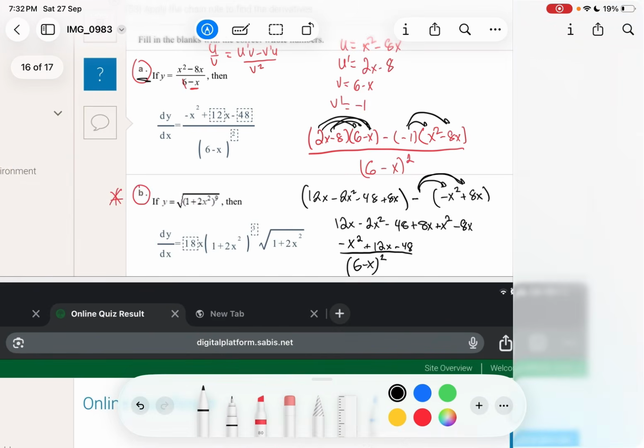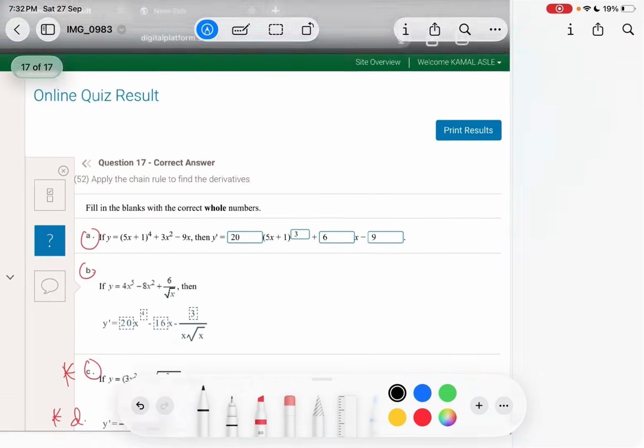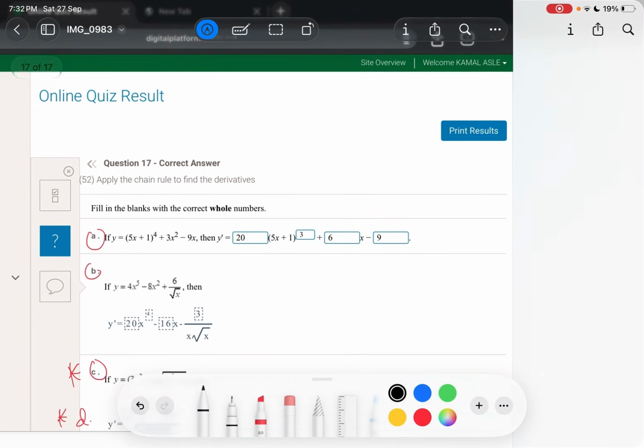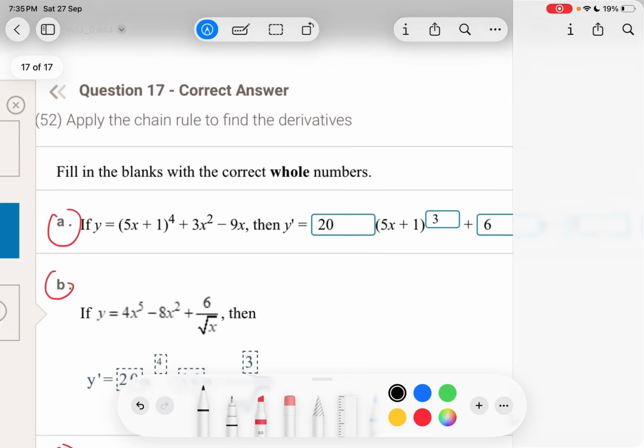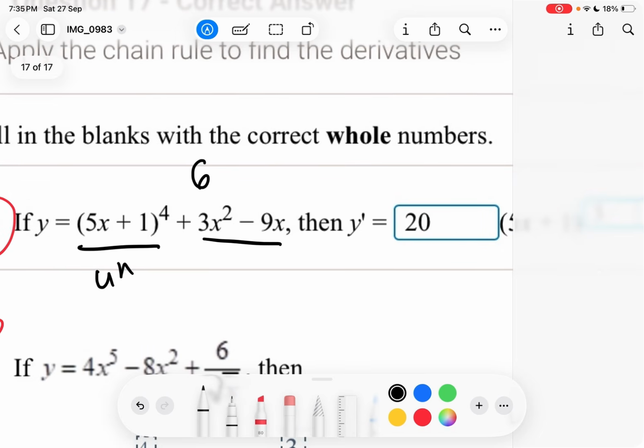And don't forget, part B will be done by Lamar tomorrow or whenever she can. Question 17, part A and B. Here, as you see, this is u to the power of n. Here you could derivative normally, no need to do the formulas, so it will be 6x minus 9. And now leave it alone.